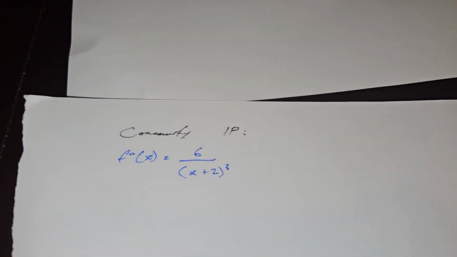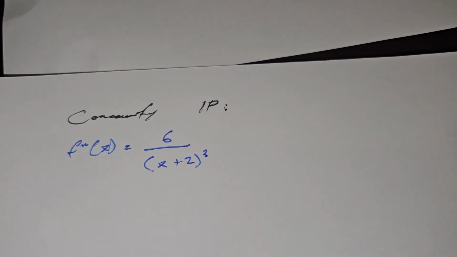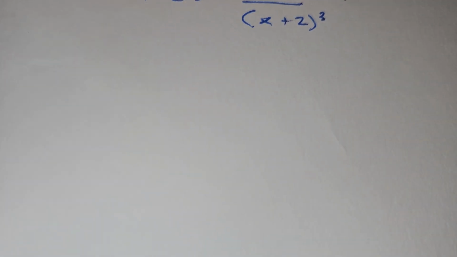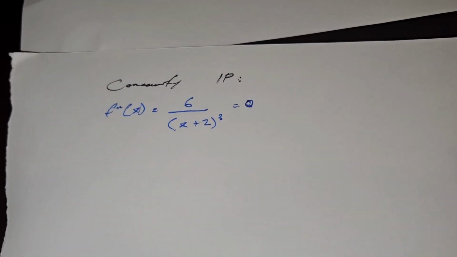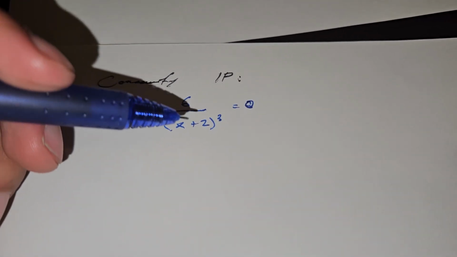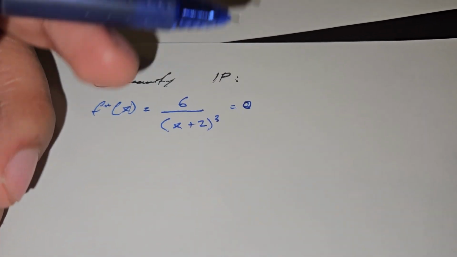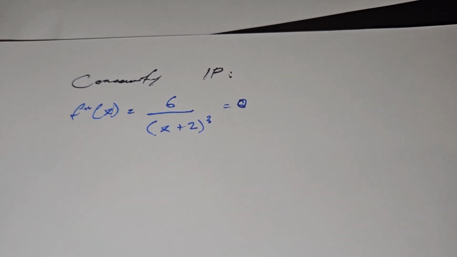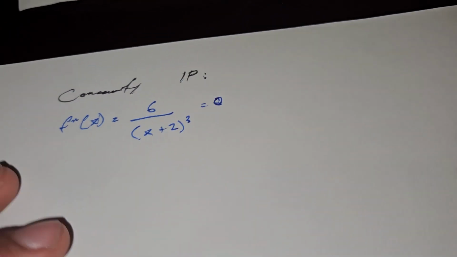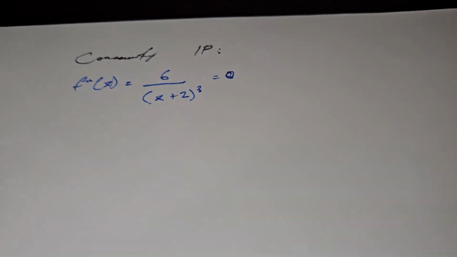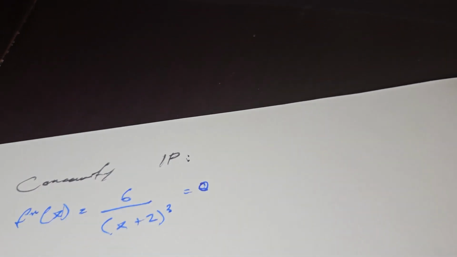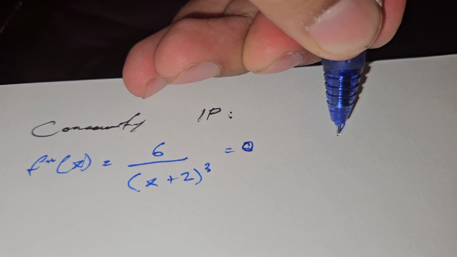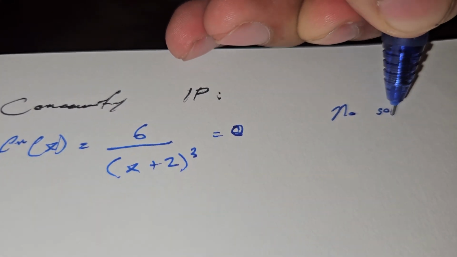So let's go ahead and find the concavity. When we find the concavity, we basically set the second derivative equal to 0 and try to solve. We see that there's pretty much no solution. When we multiply by both sides, the denominator cancels out, and 6 does not equal 0, so there is no solution.